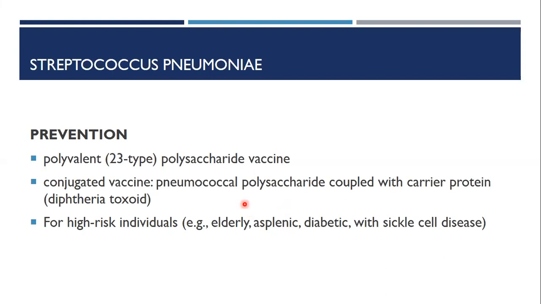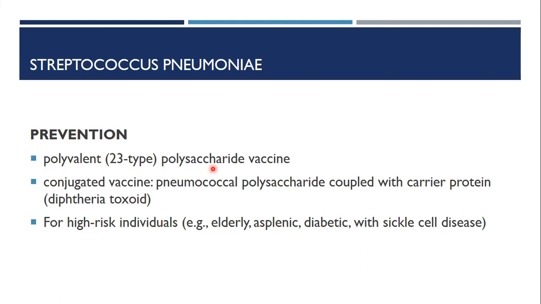So a good way to prevent infection caused by Streptococcus pneumoniae is through vaccine administration. And to note, we actually have different types of vaccine that will target your Streptococcus pneumoniae, particularly your polyvalent polysaccharide vaccine. This vaccine has 23 serotypes, meaning it could target the 23 types of polysaccharide capsule in the Streptococcus pneumoniae.